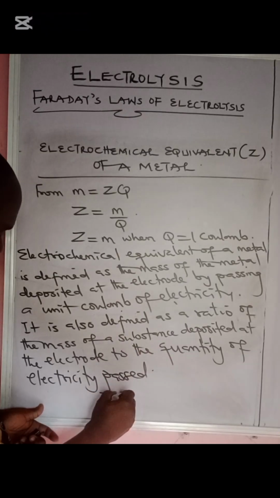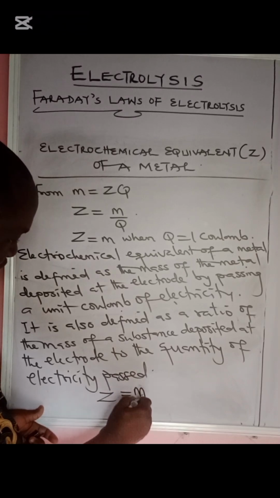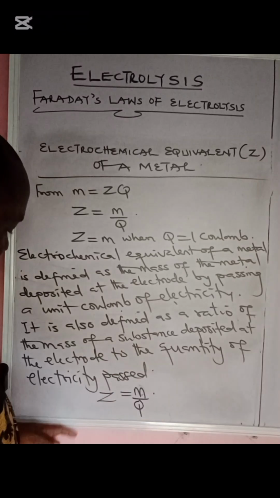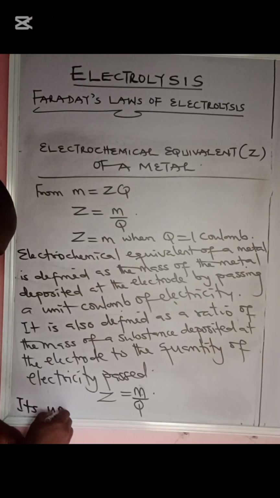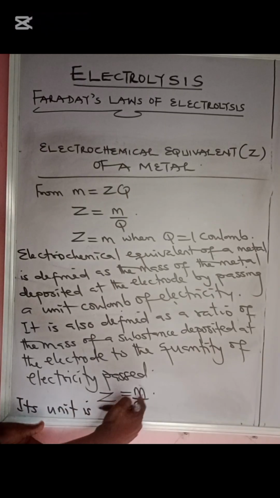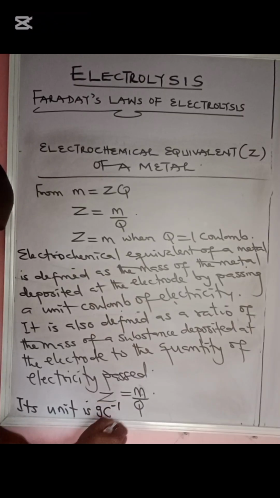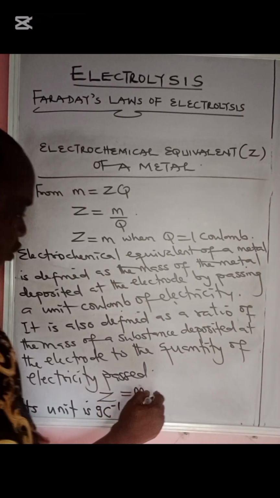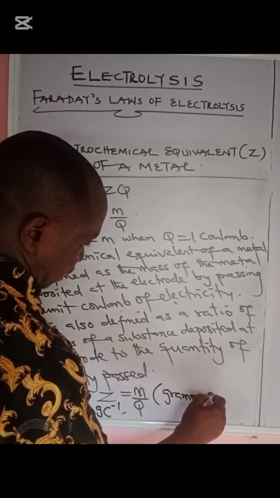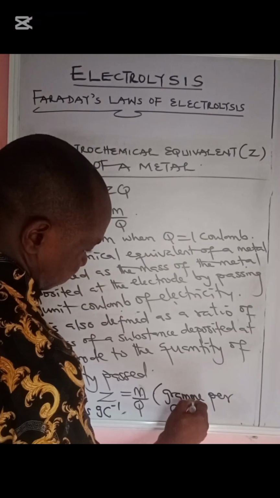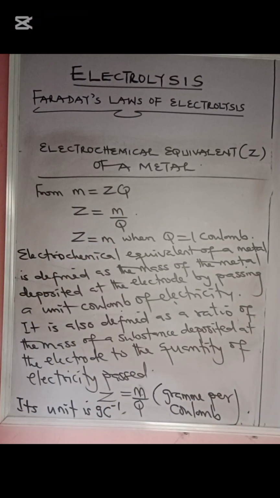Meaning Z is equal to m all over Q. So let's see the unit from here. Its unit is gram per coulomb. Take note of that. The unit is gram per coulomb.